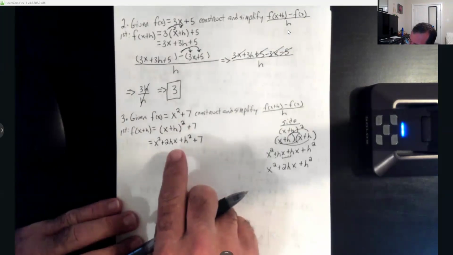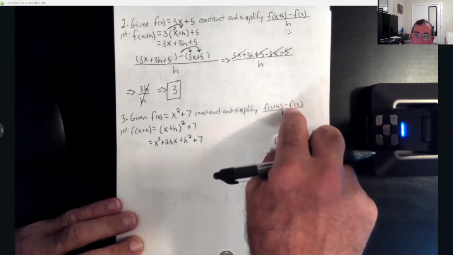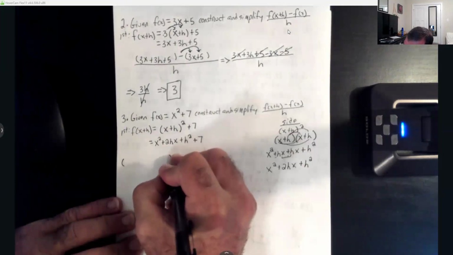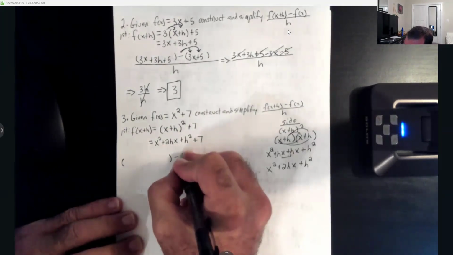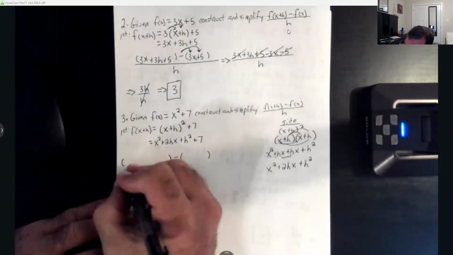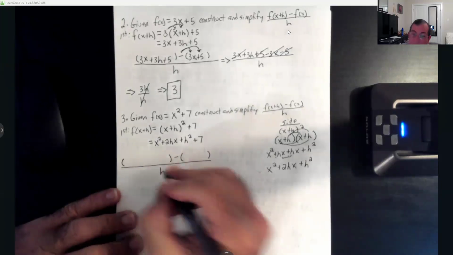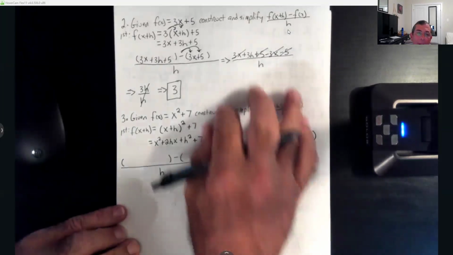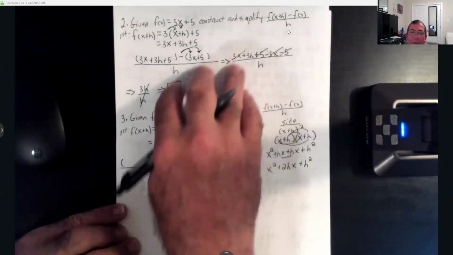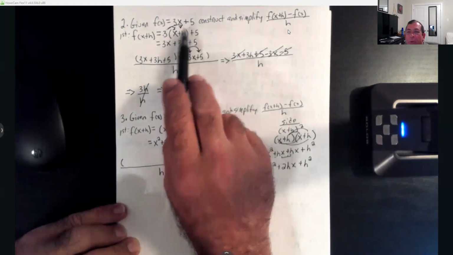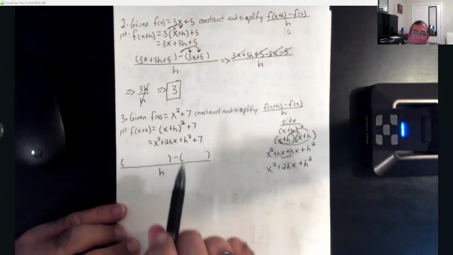So that means we're now going to plug everything into the formula. F of x plus h minus f of x all over h. And y'all are going to work very similar to mine. The only difference, they're going to change the numbers up on y'all's, okay?